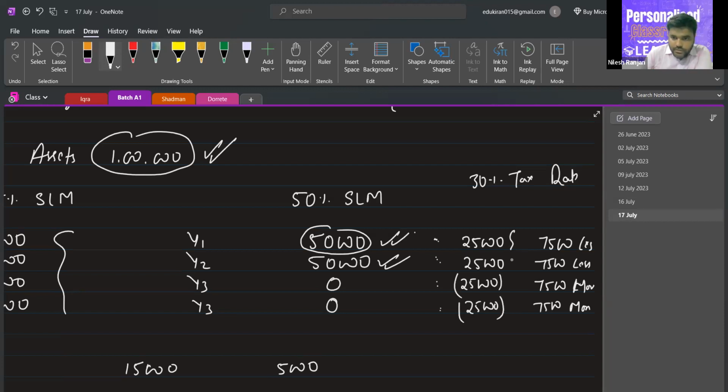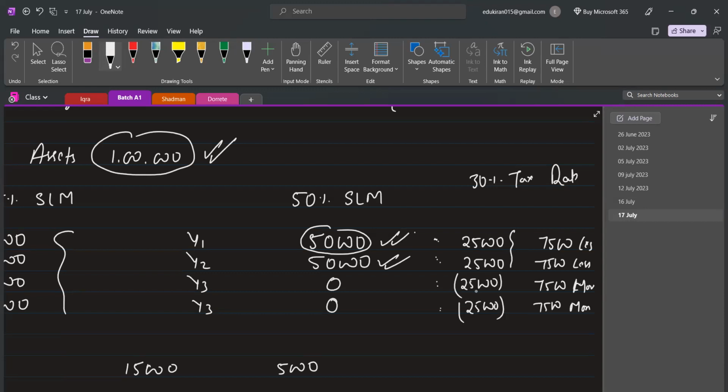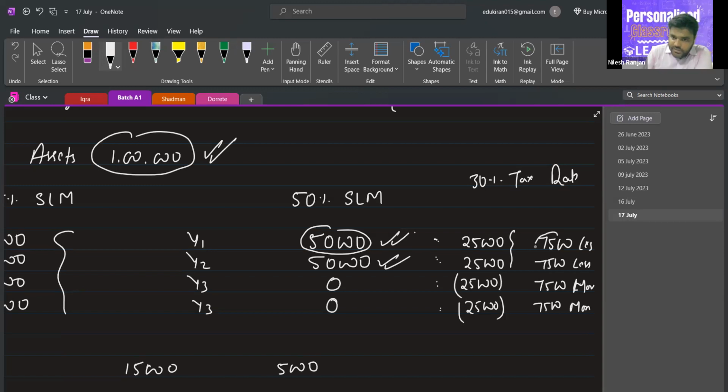So in the first 2 years, you are saving 25,000, but in the last 2 years, you have to pay more tax. Okay. So if you are saving 7,500 in the first year, then you have to pay 7,500 in the third year. So it is generally set off.